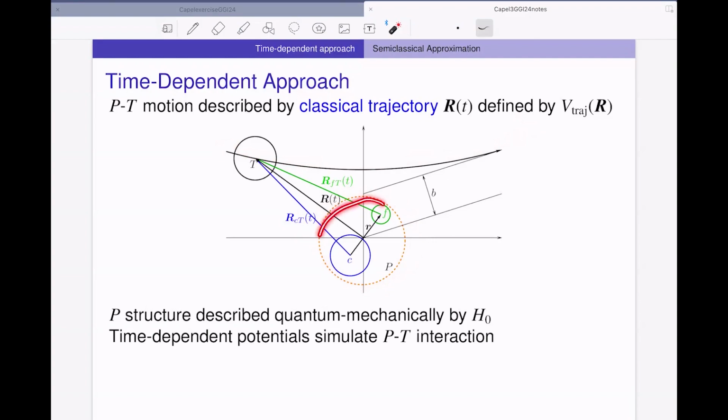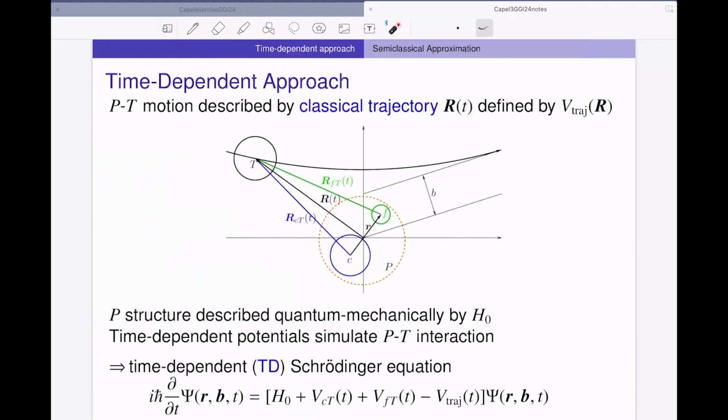So you still describe this exactly quantum mechanically in exactly the same way. So you can take the same Hamiltonian. You can take the same interaction between the target and the fragment, and the target and the core, but you simplify the calculation of the relative motion because you assume it's a trajectory.